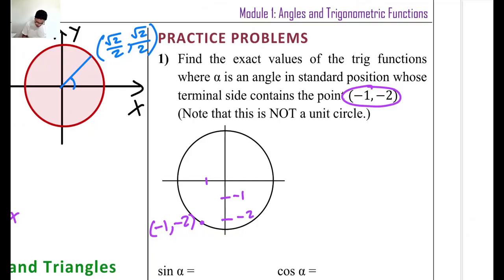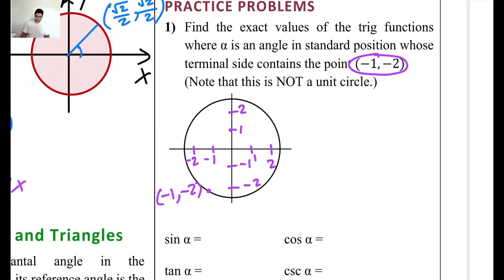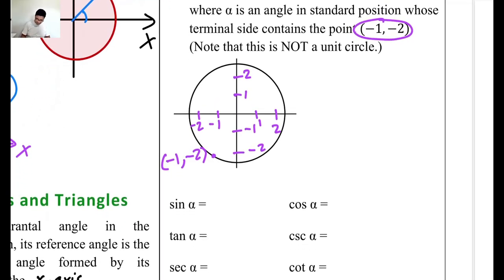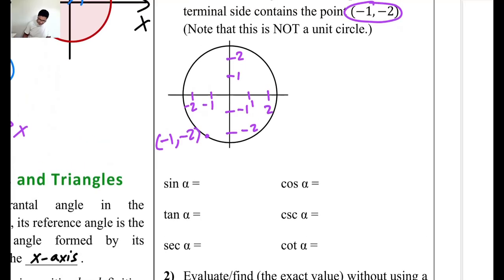Negative 1 here, 1 here, 2 here, negative 2 here, and so on, right? You can mark the triangle like that. And we need to find the values of all these ratios.